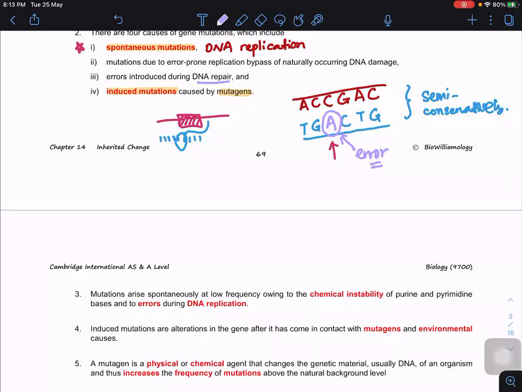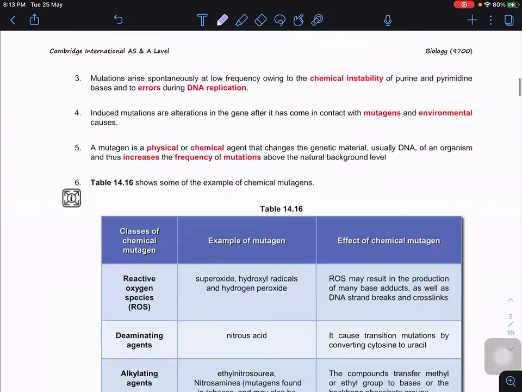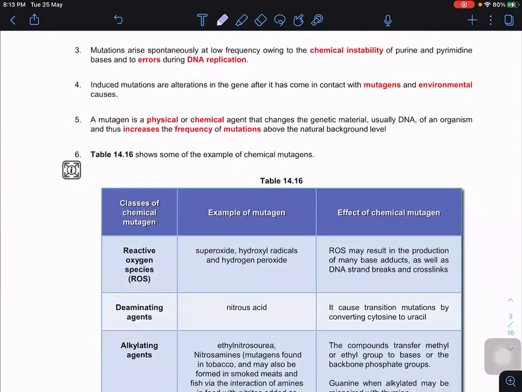So understand, mutation arises spontaneously at a very low frequency. Normally in our body the frequency is very, very low, because of the chemical instability of the purines and pyrimidines, due to the DNA replication. Then, in induced mutation, there is alteration of a gene after it has come into contact with mutagens or environmental causes.